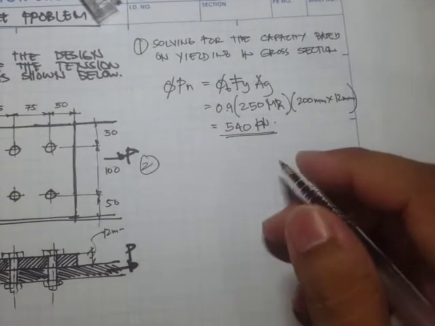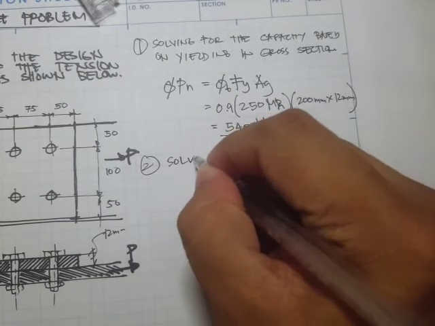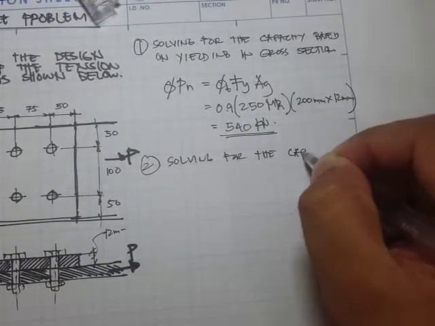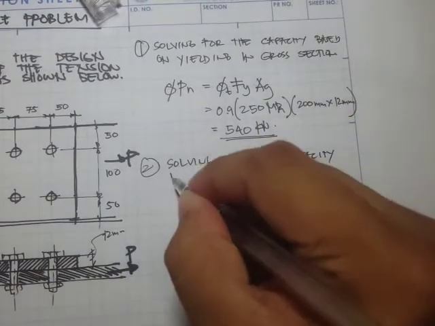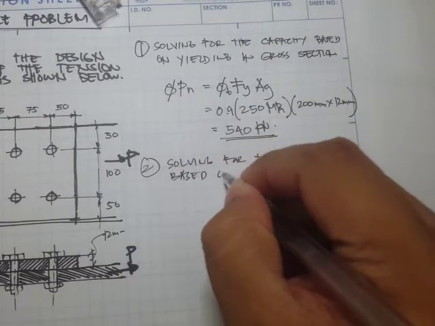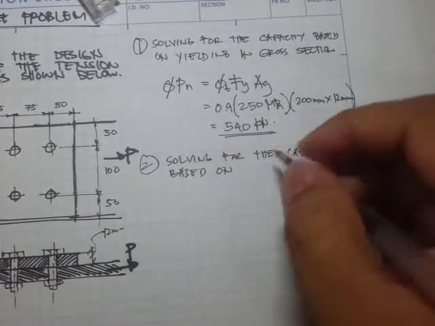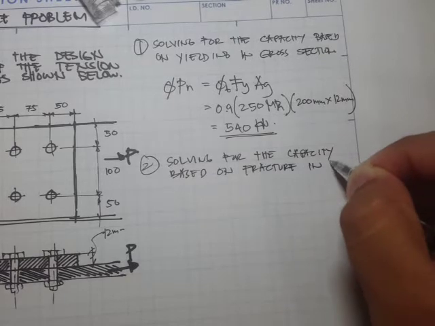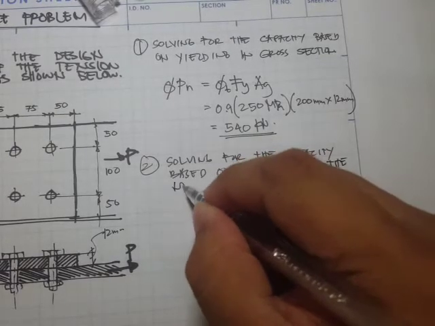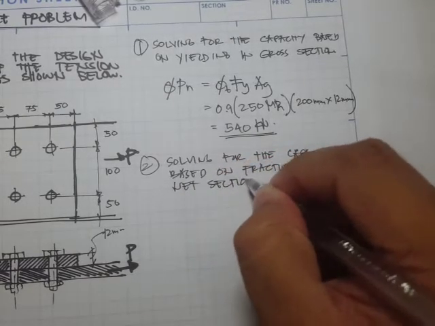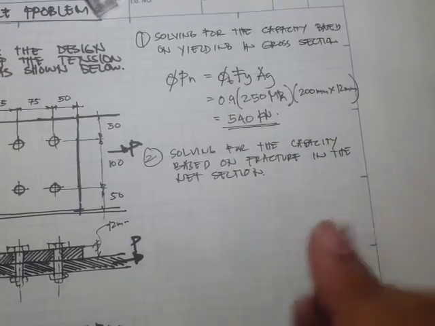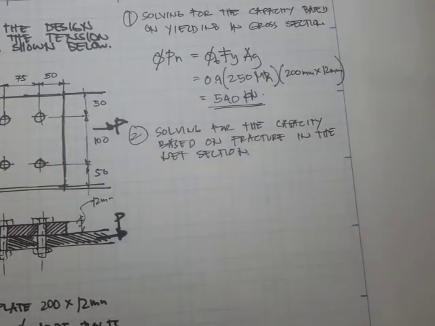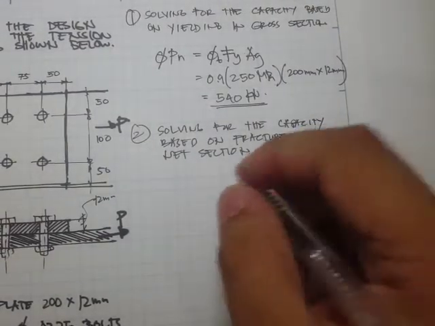Now the next one is solving for the capacity based on fracture in the net section. I think it would be better if we solve the area separately.